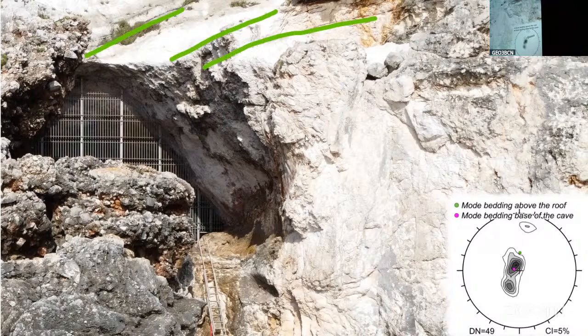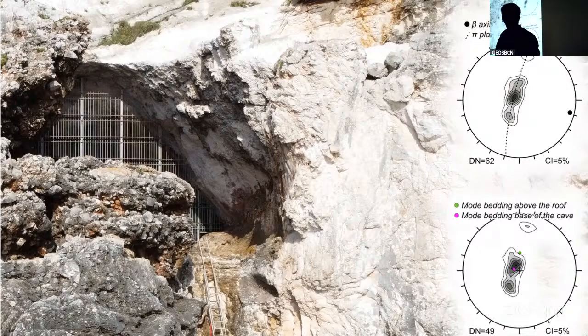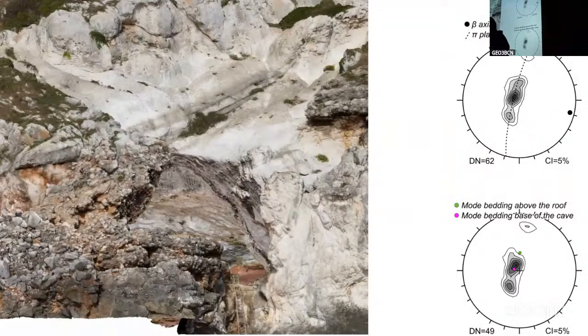This is the bedding measured above the roof, and this is the bedding measured below at the base of the roof. Okay, and that's the red fabric. So I've done the same operation, plot everything in stereograms, use the pi plane and the bed axis as the Q direction, and that's the orthorectified model, looking at an orthorectified view of the model using this view direction.